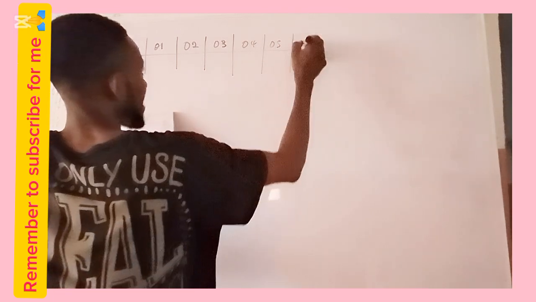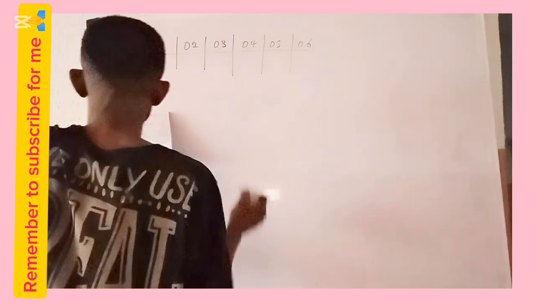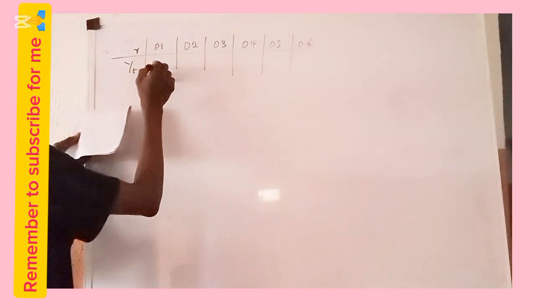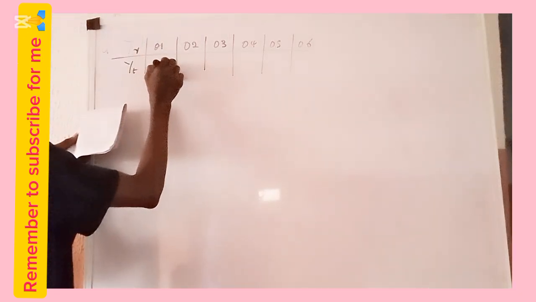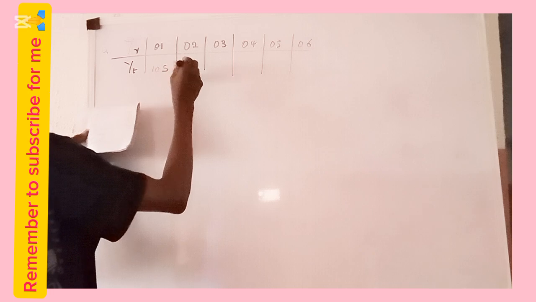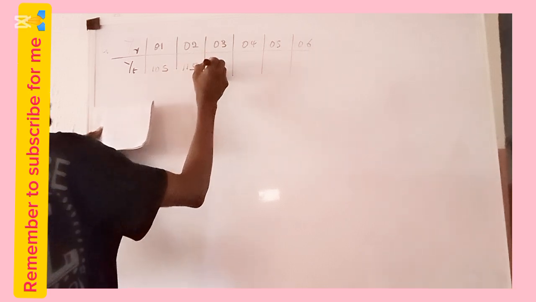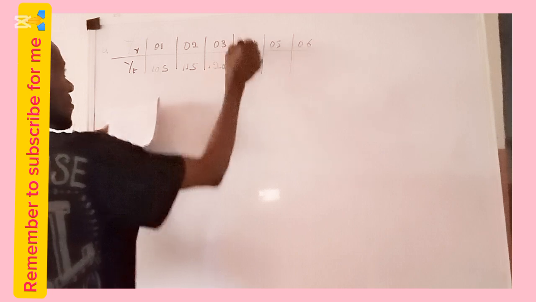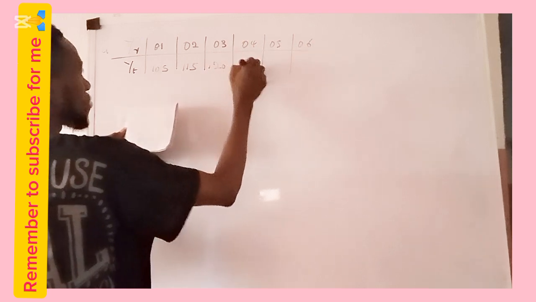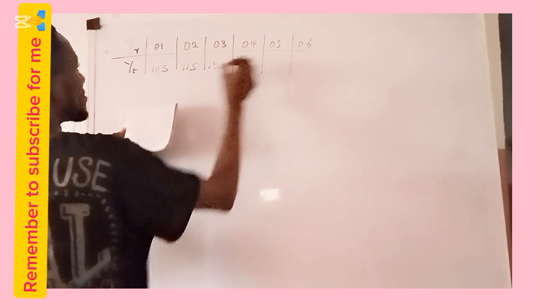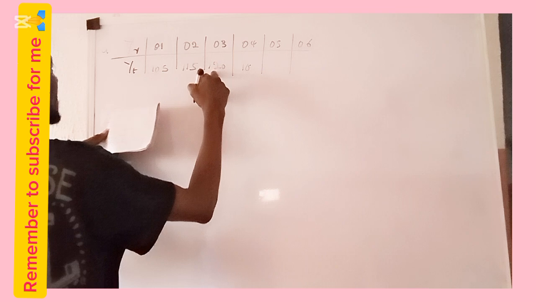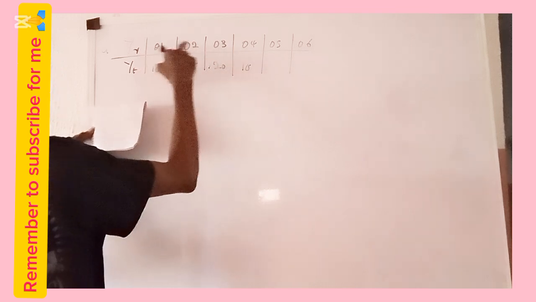And then 2006, I'll write O6. The value of this series at 2001 is 105. The value in 2002 is 115. The value here is 120, which is for O3.